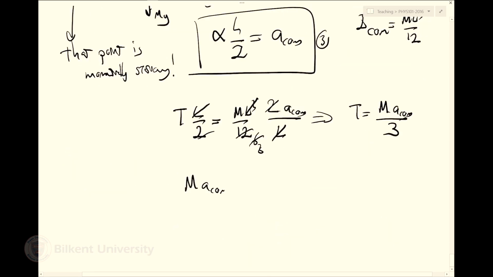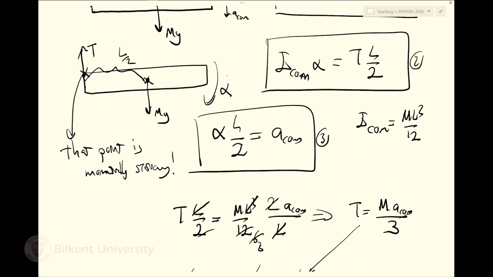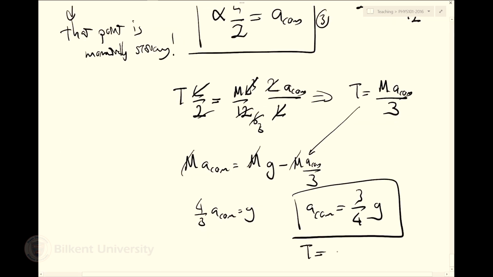M a center of mass is mg minus m a center of mass over 3. So m's cancel. 4/3 a center of mass is g. A center of mass is 3/4 g, which means T is m times g over 4.